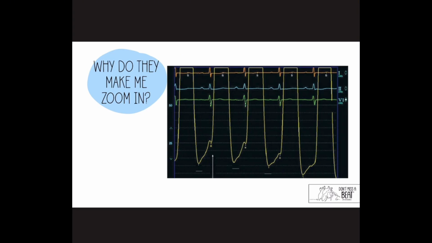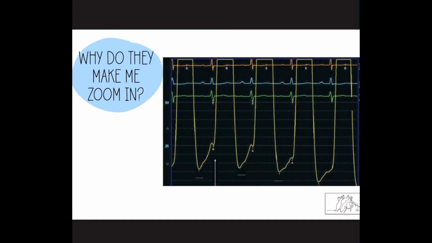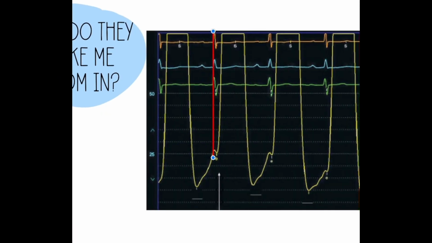The reason that it goes to this is because EDP, remember, is in the teens and 20s. So before, when you had me make a line and bring down the line of the R wave, this is just to make it a little easier because it keeps the surface EKG there so that you can measure it easier with your eyeball, just making sure that it's measuring EDP at an appropriate place.